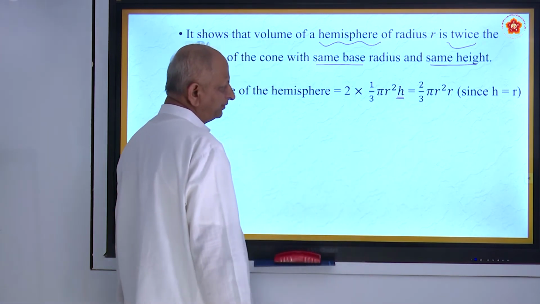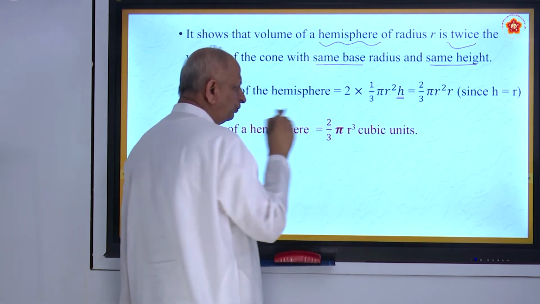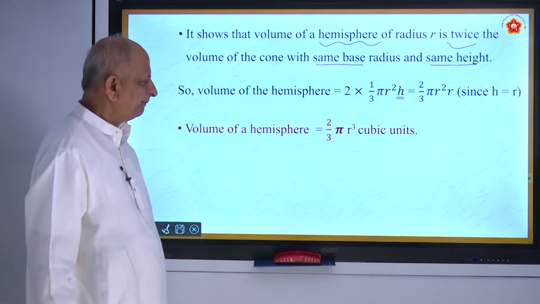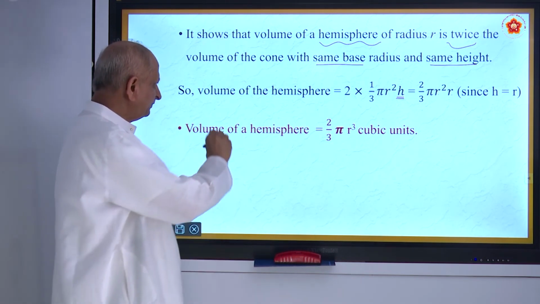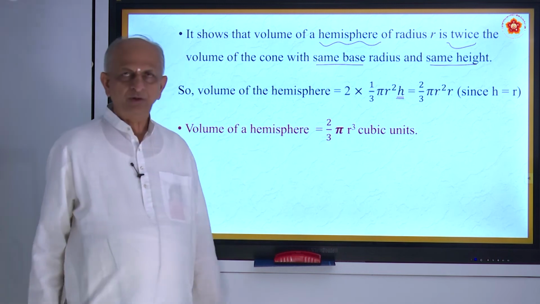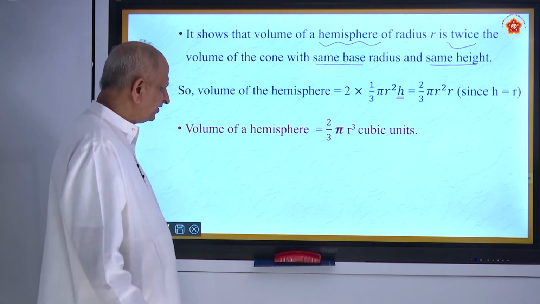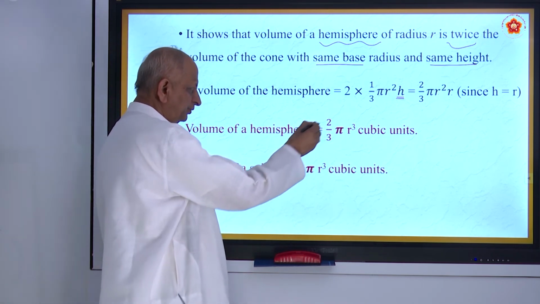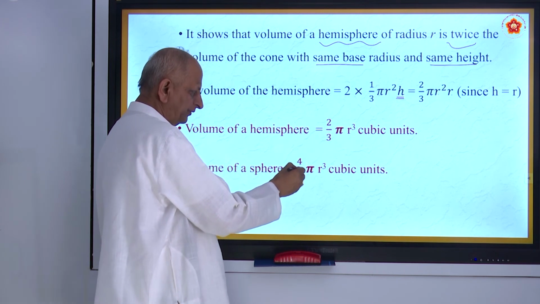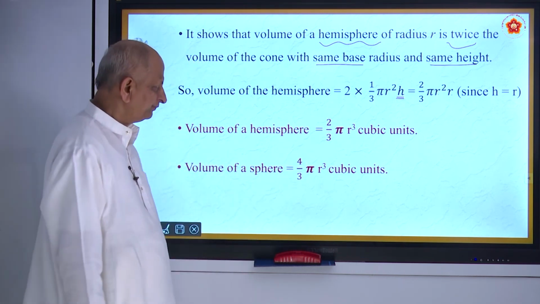R square and r becomes r cube. 2/3 pi r cube. You get a very beautiful formula. And if the hemisphere is 2/3 pi r cube, what about the sphere? It is just double. So the volume of the sphere becomes 2/3 into 2, that is 4/3 pi r cube cubic units.